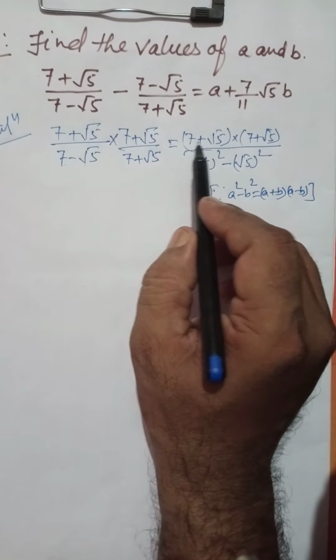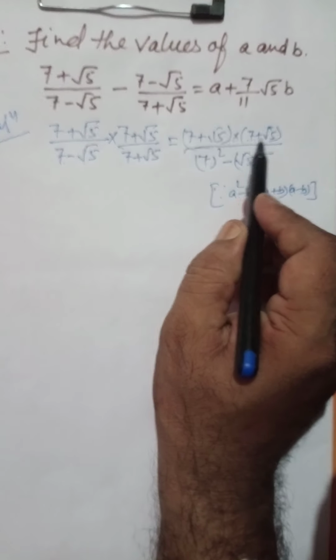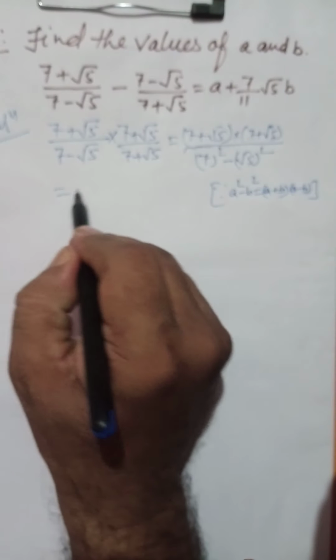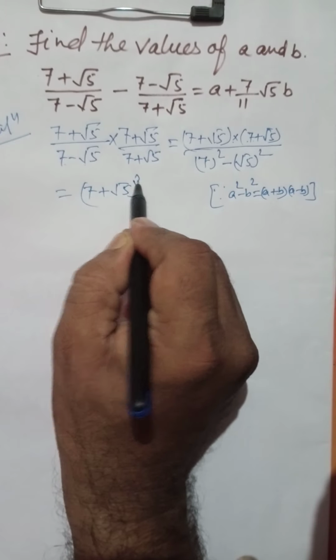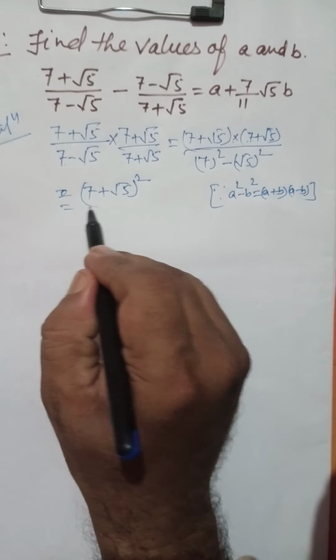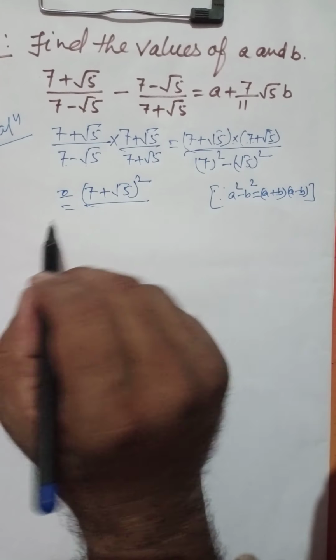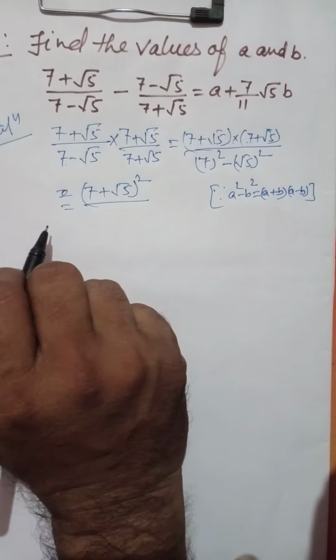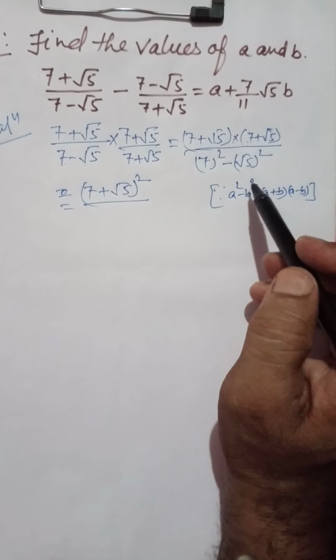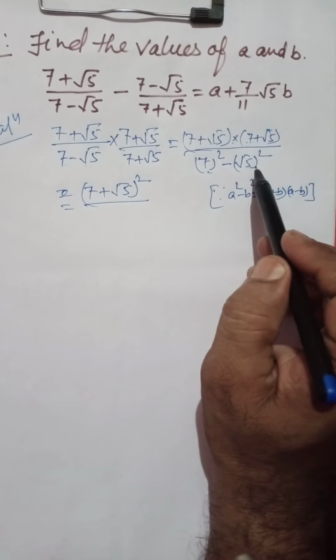Now 7 plus root 5 multiplied by 7 plus root 5, this is twice, so we can write 7 plus root 5 whole square upon a square minus b square, that is (a plus b)(a minus b). In this form we have formed a square minus b square.